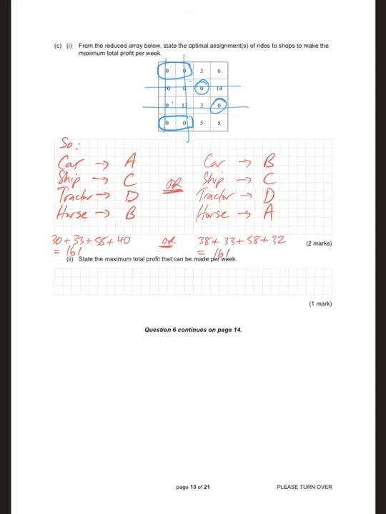So we have chosen a multiple optimal solutions question. Therefore, max total profit is equal to $161 per week in the multiple possible solutions.